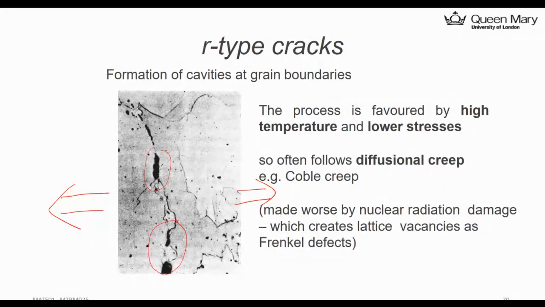You can see the atoms move away here, and some of the vacancies move to here. So the process, like I said, is favored by high temperature and low stress. In high temperature, it's more likely to happen, and it is often followed by diffusion creep.